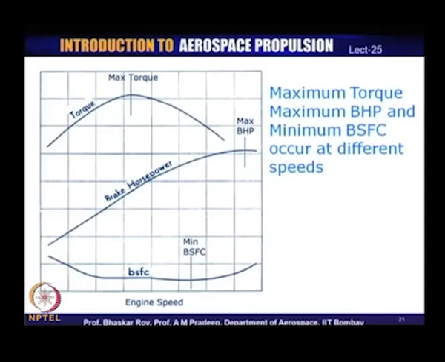And with the 2 controls together, we will have to find a balance of using the engine for maximum torque or maximum BHP or minimum BSFC, so that the total fuel efficiency of the engine is quite good and competitive and has an economic repercussion in the operation of the power plant.